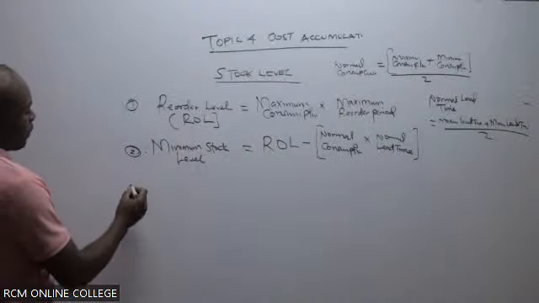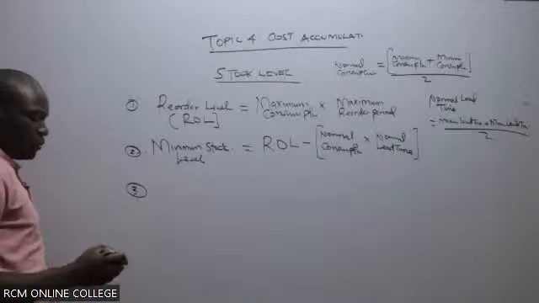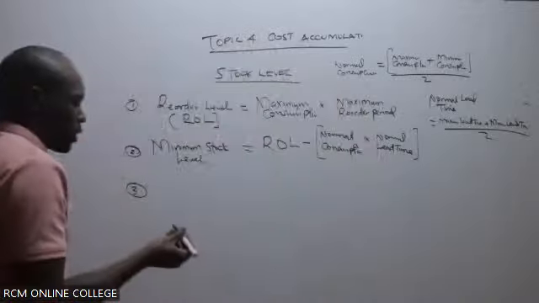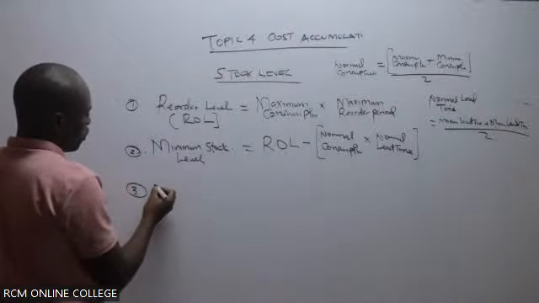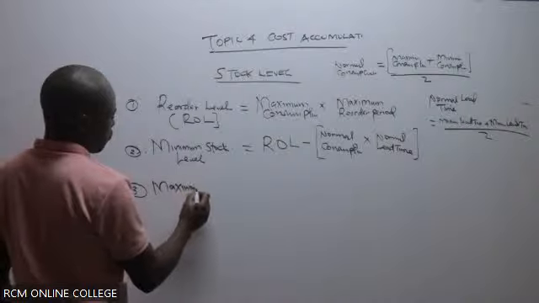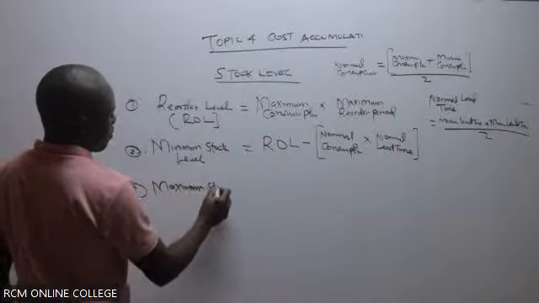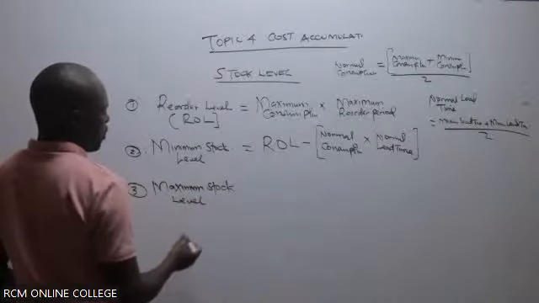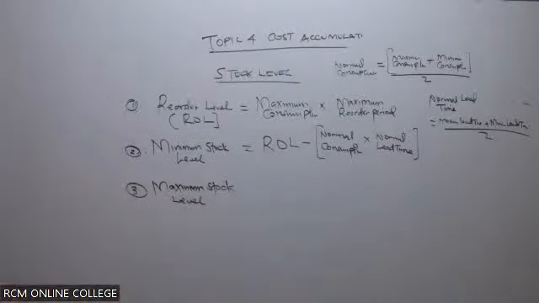Let's come to number 3, which is maximum stock level. How do we get maximum stock level?